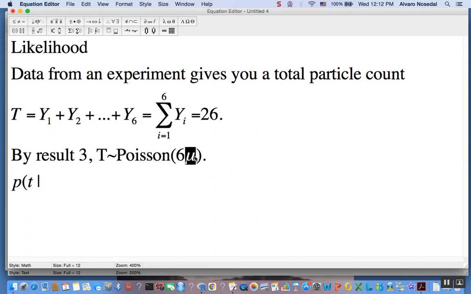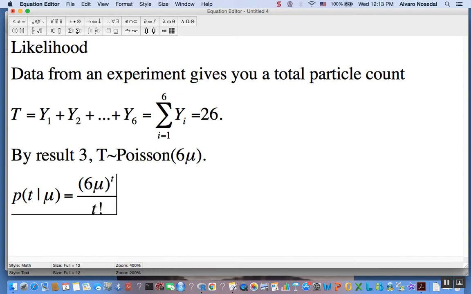We know that it's going to be a Poisson, and the probability mass function for a Poisson is 6 times mu, in this case that's the parameter, to the power t, divided by t factorial, e to the power minus 6 mu. Make sense?